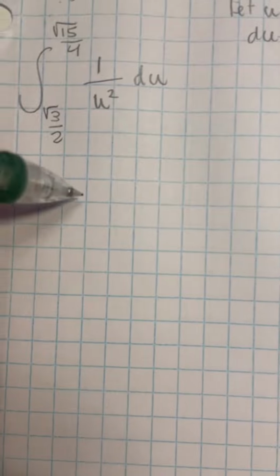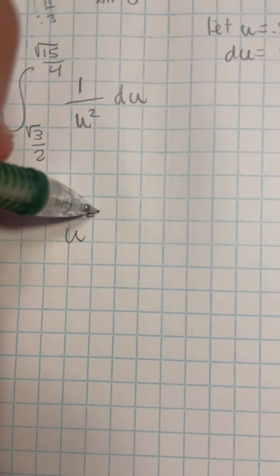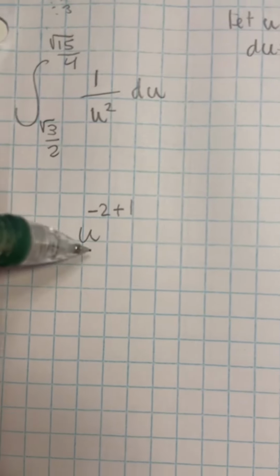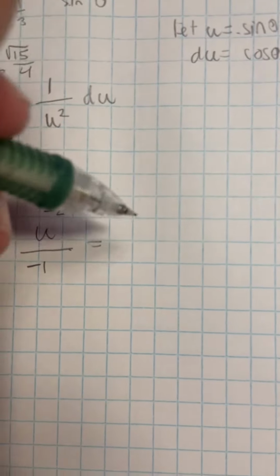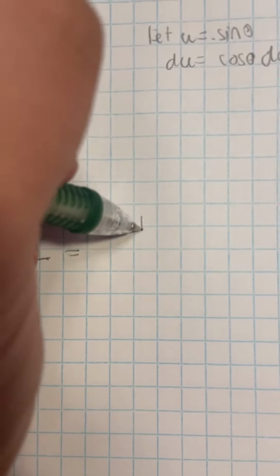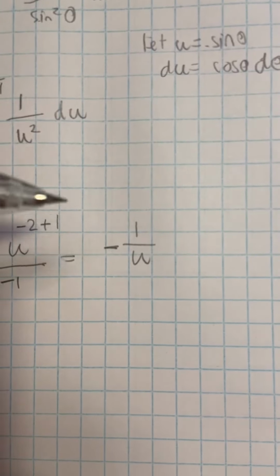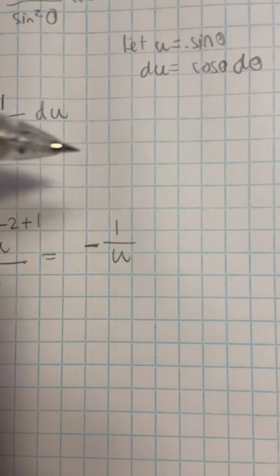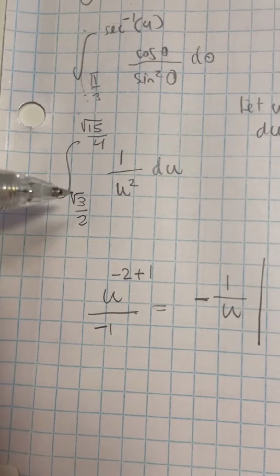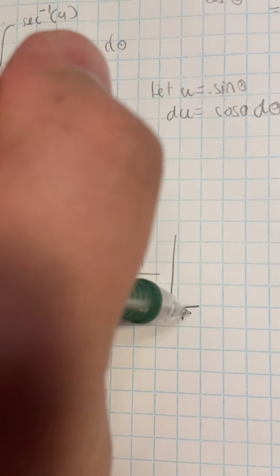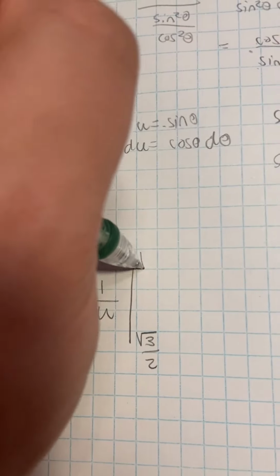So it's going to end up being u to the negative 2 plus 1, which is negative 1, over negative 1, which can be written as negative 1 over u. So negative 1 over u is the antiderivative, with the lower limit the square root of 3 over 2, and the upper limit the square root of 15 over 4.